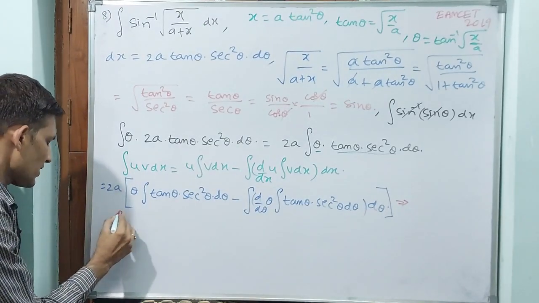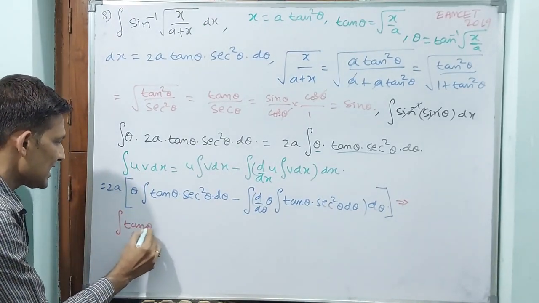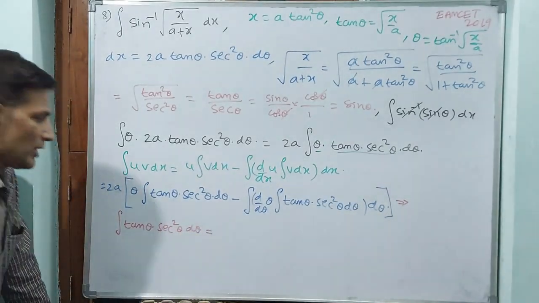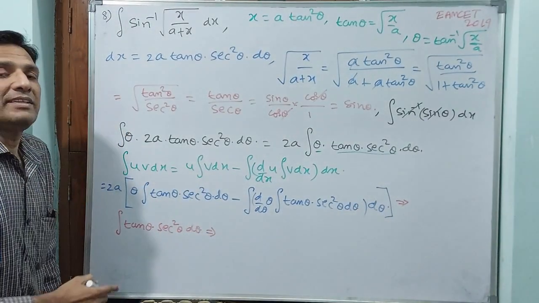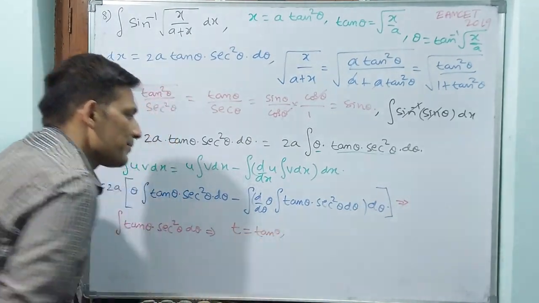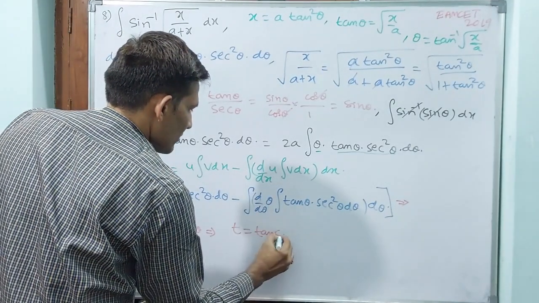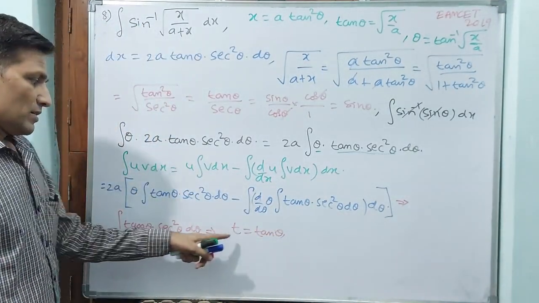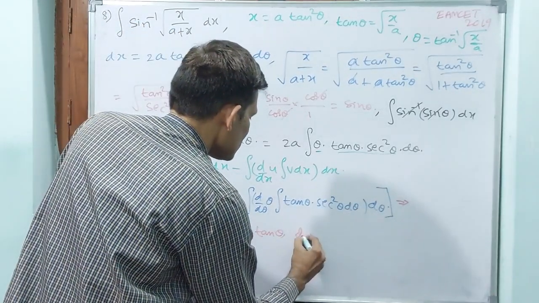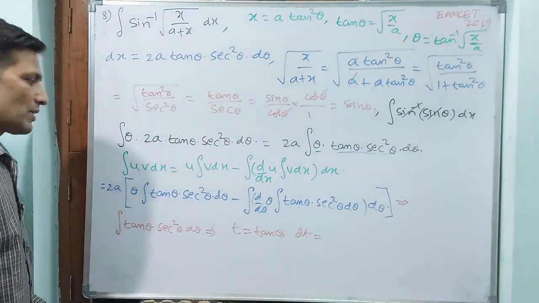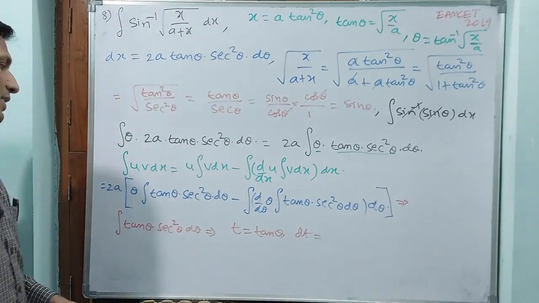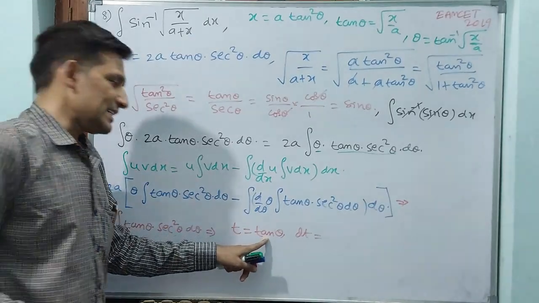Okay, see integral tan theta secant square theta d theta is equal to, implies I am taking tan theta as t. t is equal to tan theta, comma, differentiation if you do, dt is equal to secant square theta d theta.